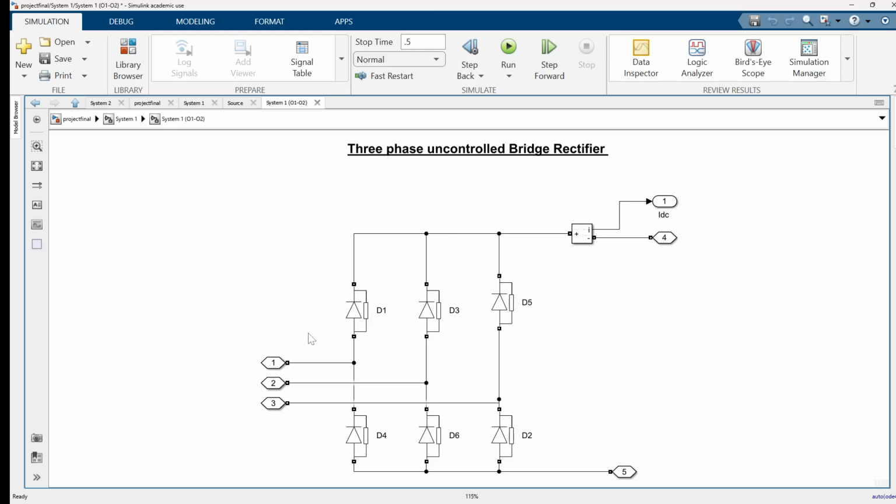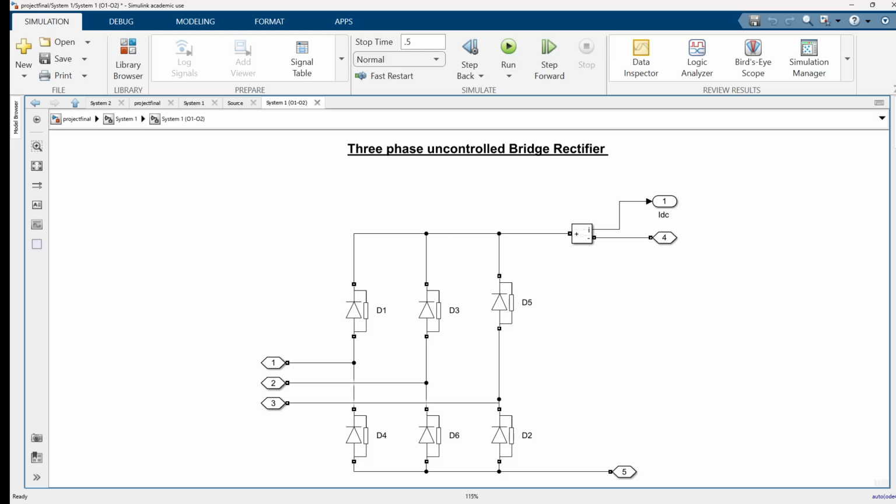Then a 3-phase output terminal from the transformer is given to each leg of the rectifier. This will generate a fixed 1500 volt.